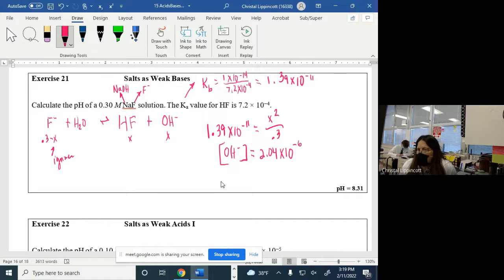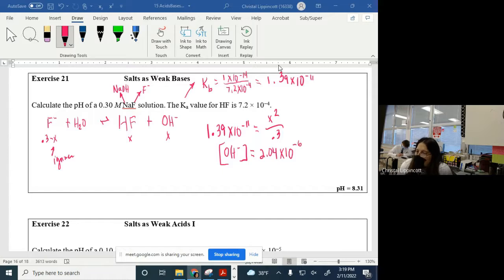So, what do I do from here? This should be easy. Would you divide that by 1.0? Well, I could if I wanted to find my H plus. But what's the faster way to do this?